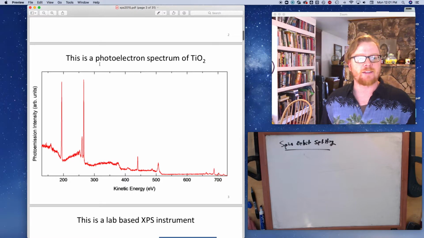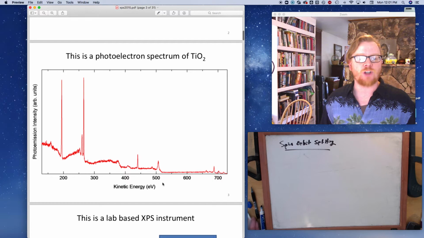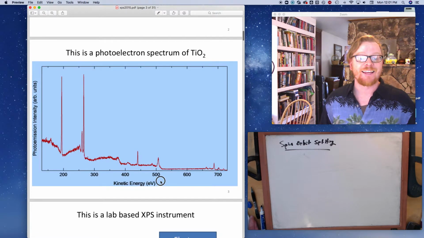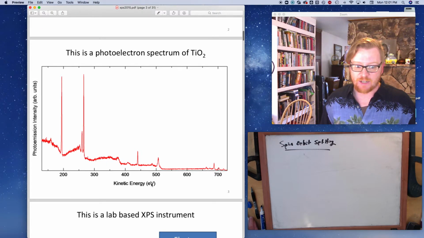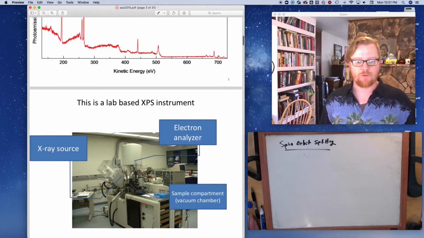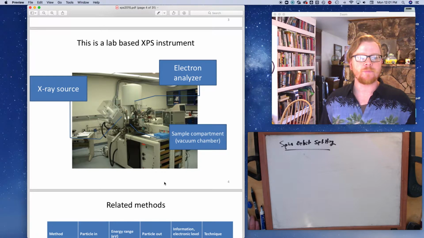Here we can see a photoelectron spectrum of titanium oxide. What they're showing you on the x-axis here is the kinetic energy of the ejected electron. That's okay to show it like that, but typically what you see on the x-axis is the binding energy of the photoelectron.